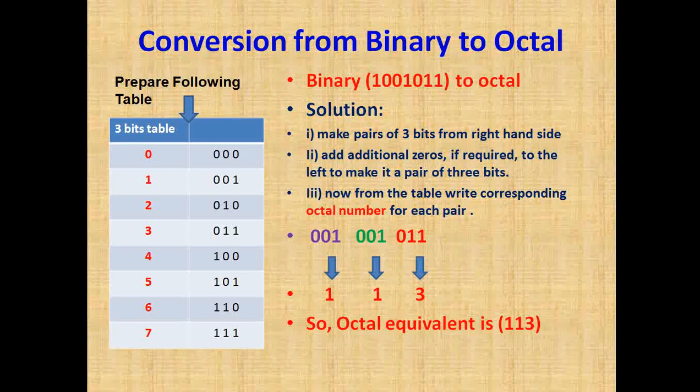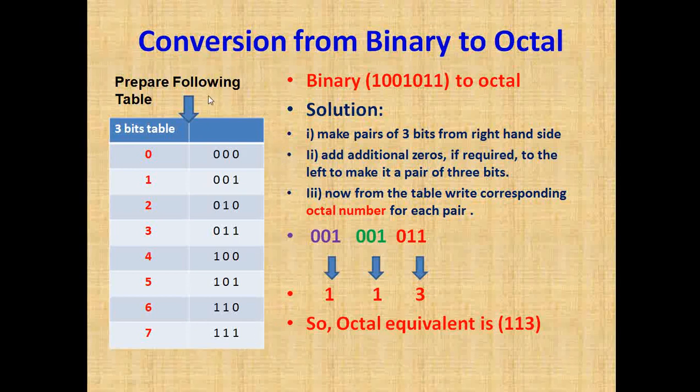That means every octal number, 0, 1, 2, 3 up to 7, can be represented using 3 bits or 3 binary digits. For example, 0 can be represented as 000, 1 as 001, 2 as 010, and likewise 7 can be represented as 111.